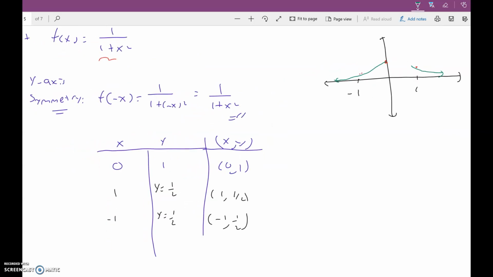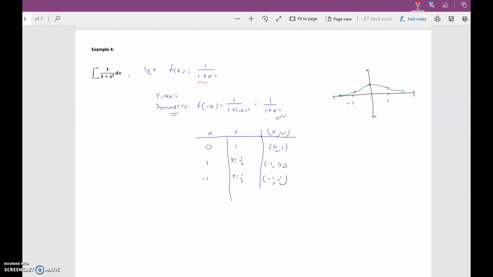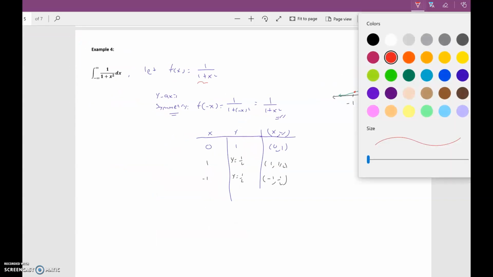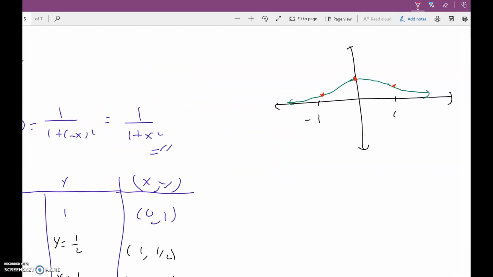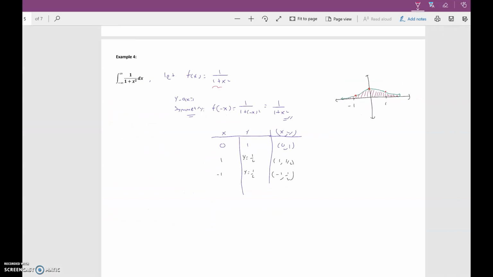And it's supposed to be symmetrical, so let me just put the dots. Okay, now what we're evaluating is the total area under the curve, or the integral from negative infinity to positive infinity. So we're going to be shading this one all the way to the bottom.